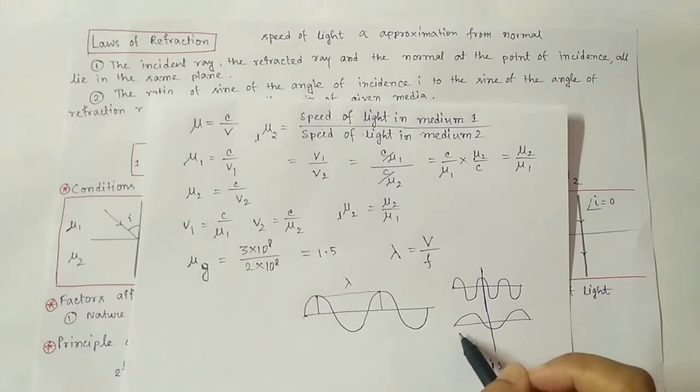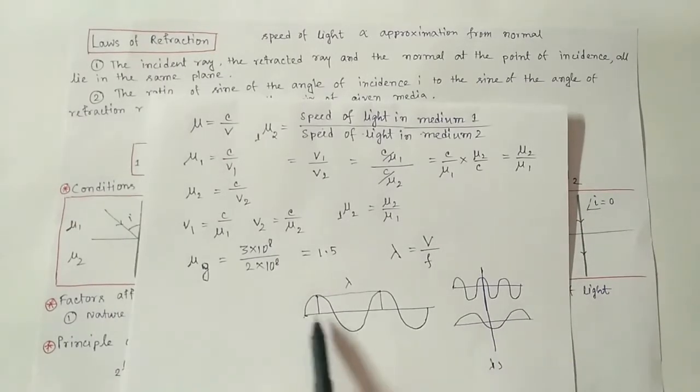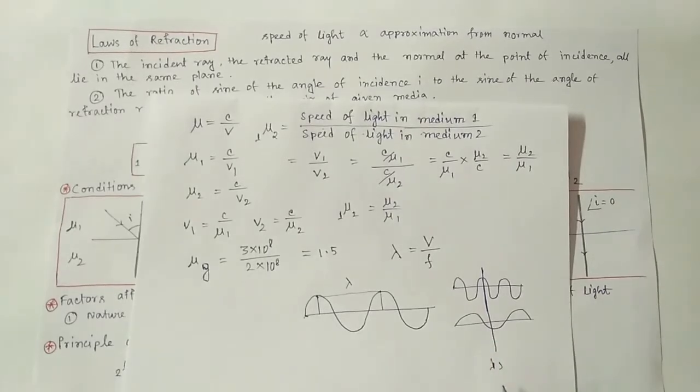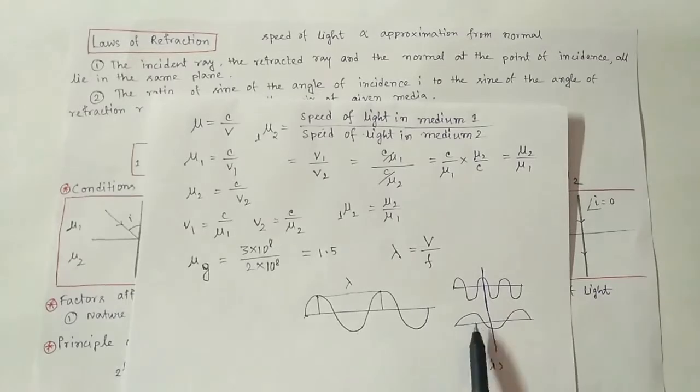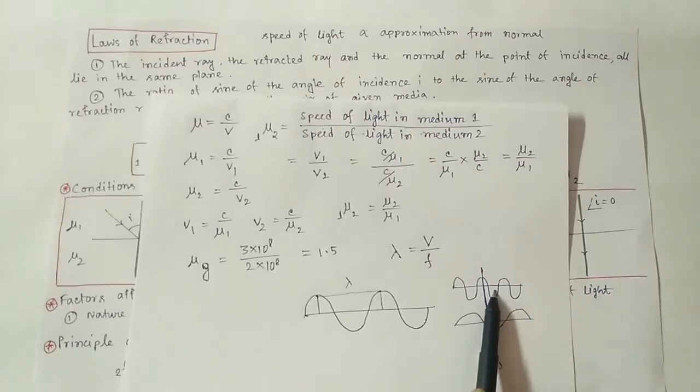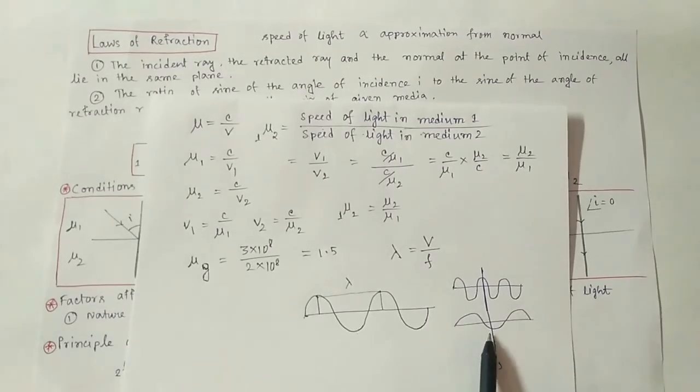The second light ray has less wavelength, while the first one has greater wavelength. That is why the frequency of the first one is greater than the frequency of the second one, as it is passing more waves in 1 second, while the second ray is passing fewer waves. That is the difference.